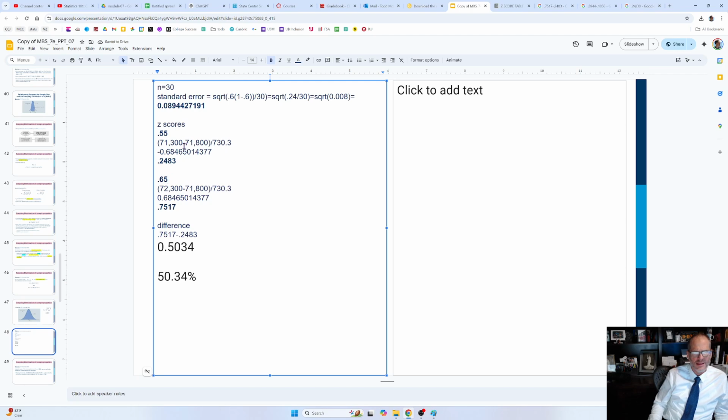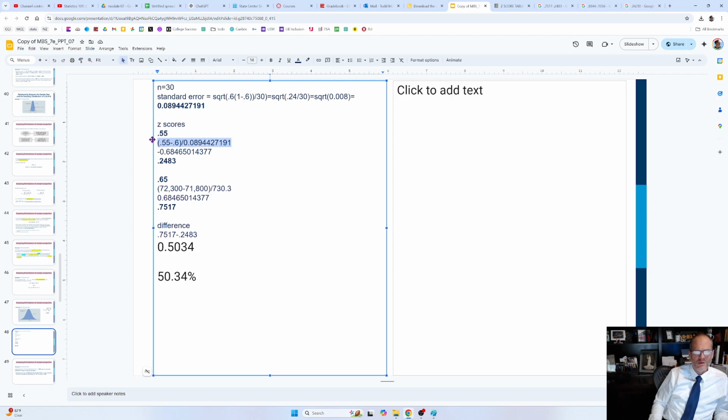Then we calculate this point, 0.55 minus 0.6, divided by our standard error. Because standard error is the standard deviation for the sample point estimator, whether it's the sample mean or the sample proportion. And there is that formula right there.